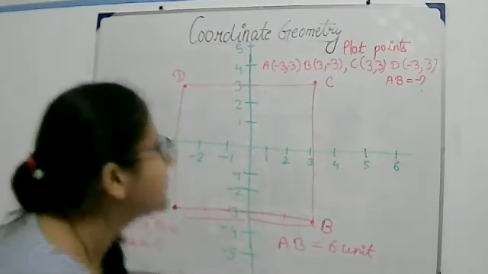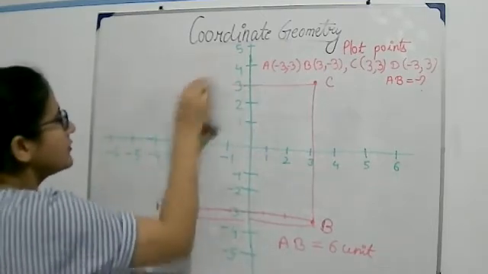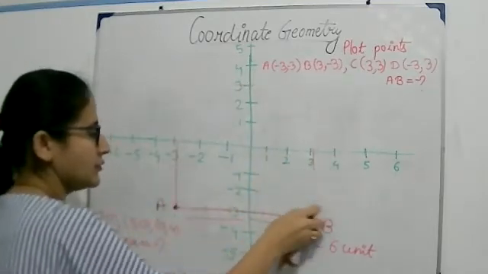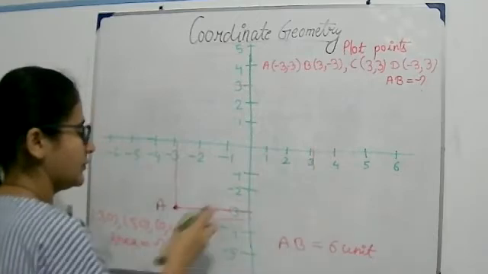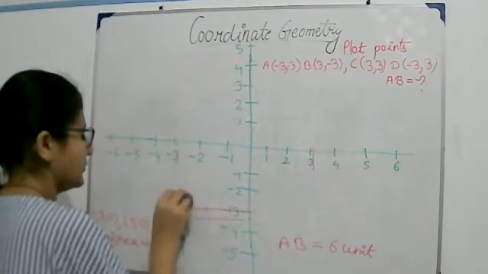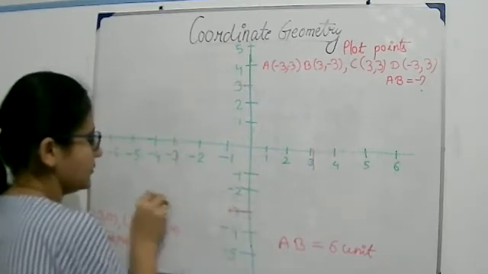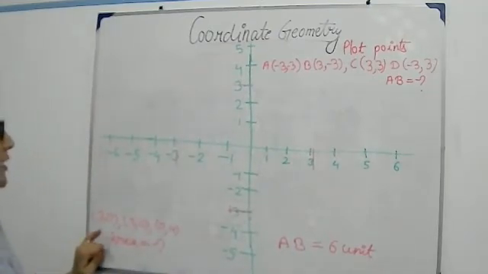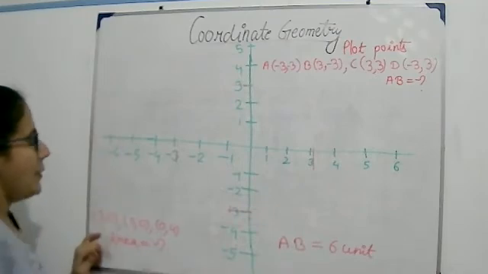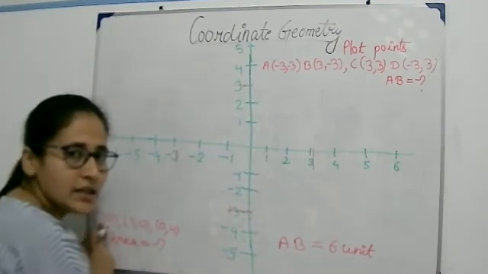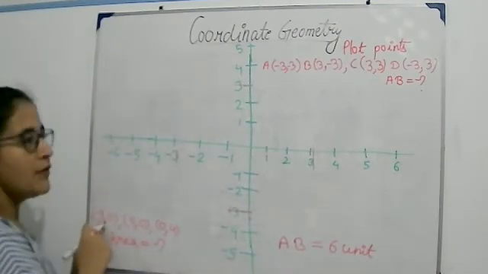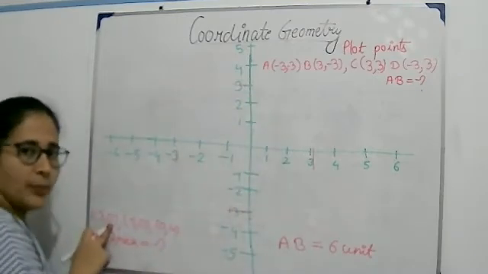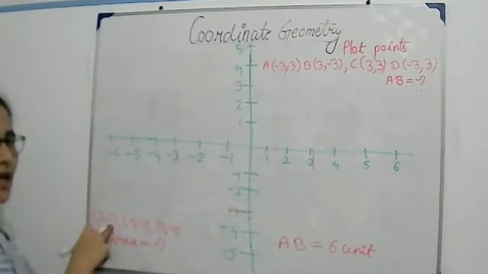Next question. Plot minus 3 comma 0. Minus 3 is the distance of the point from the y-axis and 0 is the distance of the point from the x-axis.